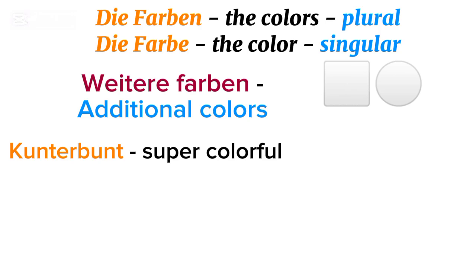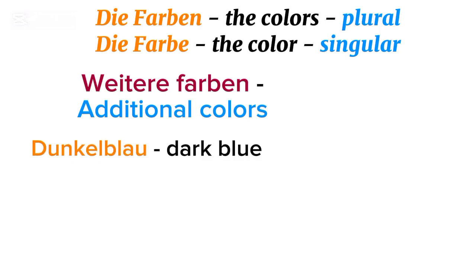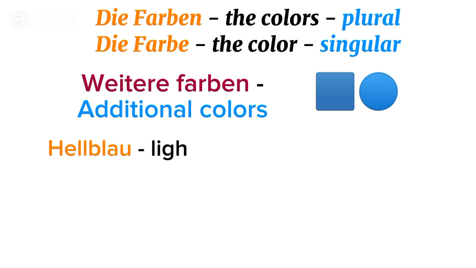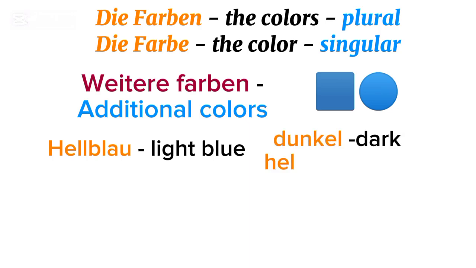We also have dark blue. Remember, blue is blau. So dark blue, it will be dunkelblau. Okay. We also have hellblau. Blau is blue and hell is light, so it will be light blue. Remember, there are some colors which take dark and some they take light. So if it takes dark, you will say dunkel, then you add that color that it is taking.